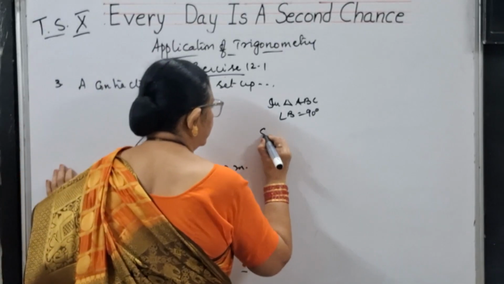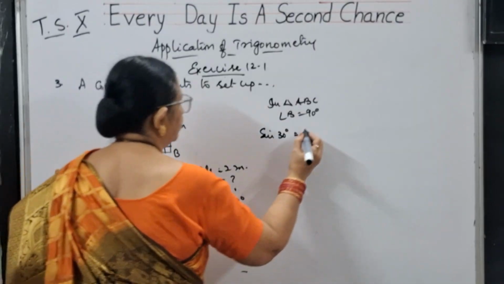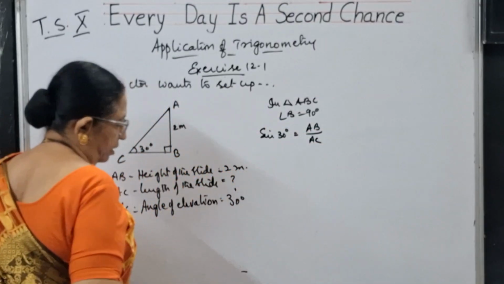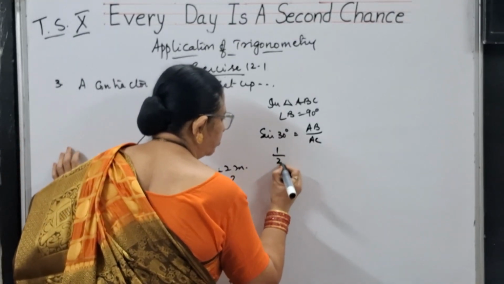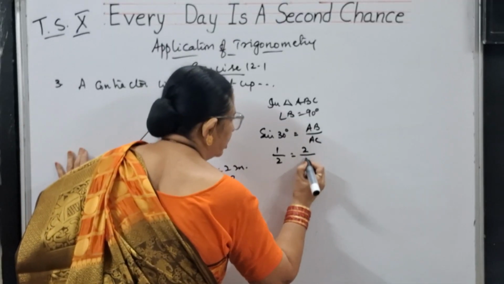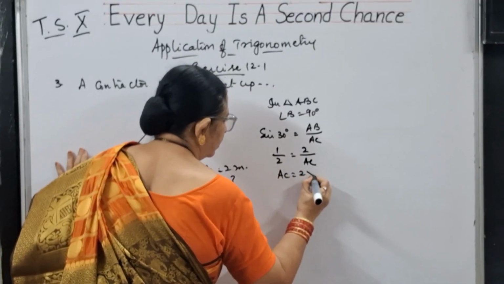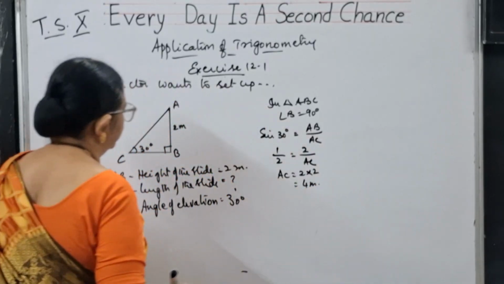So sine 30 degrees is equal to AB by AC. Sine 30 degrees is 1 by 2, so 1 by 2 is equal to 2 by AC. So AC is 2 into 2, that is 4 meters.